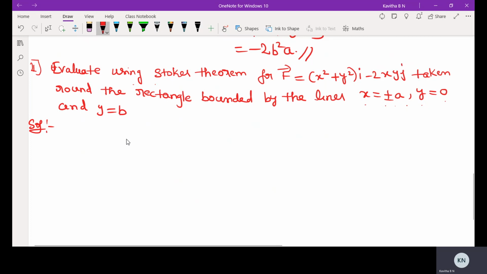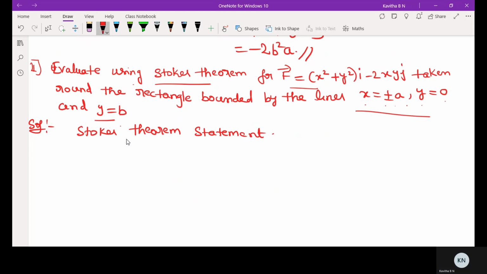Solution: evaluate using the Stokes theorem. The equation is given, the condition is also given. First we have to write down the Stokes theorem statement. The integral of f vector dot dr vector is equal to the integral over S of curl of f vector into n cap into ds.